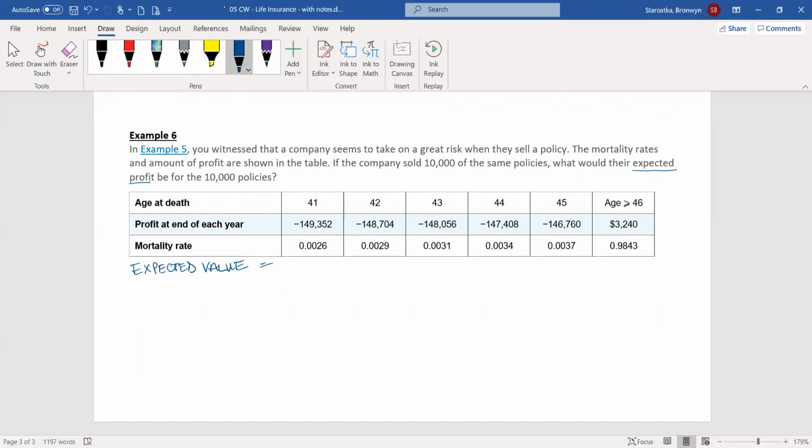So if I multiply the negative 149,352 times that 0.0026, that's going to equal negative $388.31.